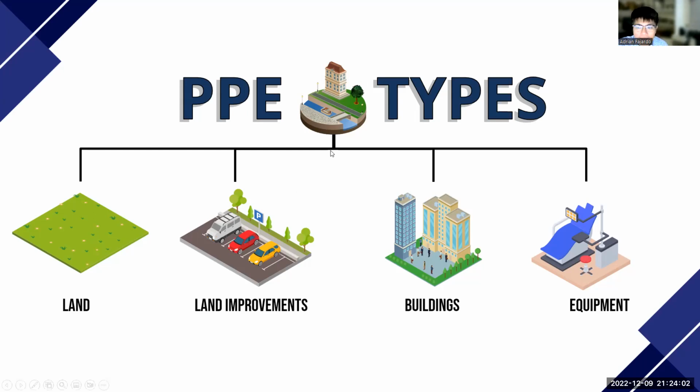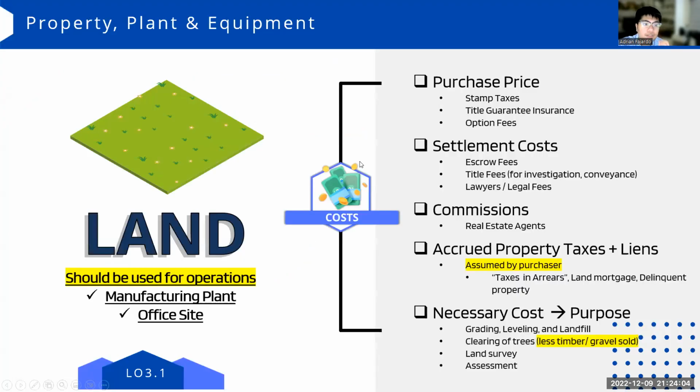In the next few slides, you can see the different things that should be included in determining the cost of your land improvement, buildings, and equipment, right? But in essence, PPE should be initially recognized at what? At cost, at the point of purchase.